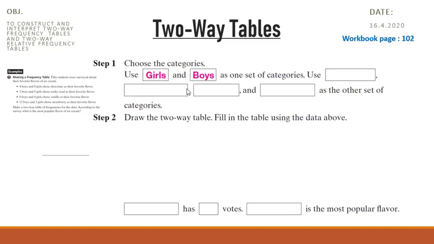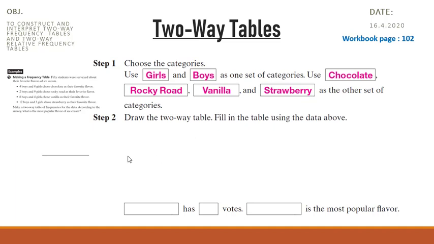The first set of categories is girls and boys. The second set of categories is the type of ice cream: chocolate, Rocky Road, vanilla, and strawberry.